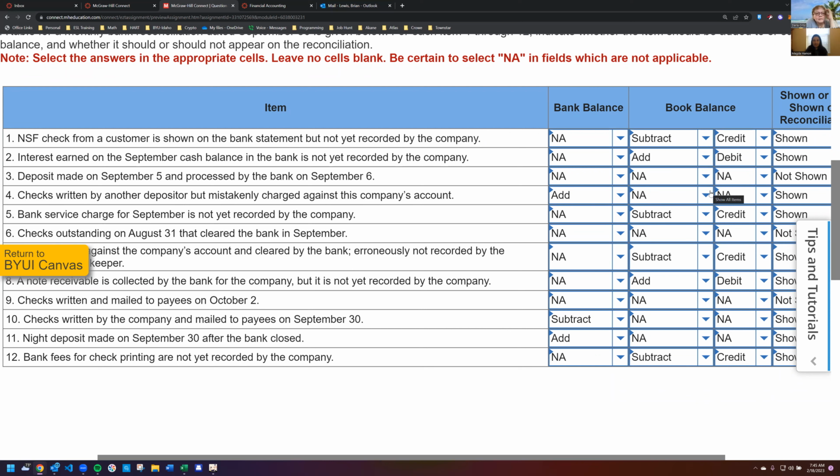We would show it as something to add to the bank adjustments, because we want the bank's value to match our value, and it's a bank error. So we're going to make that adjustment there. So it is shown, it does show up on the bank balance.